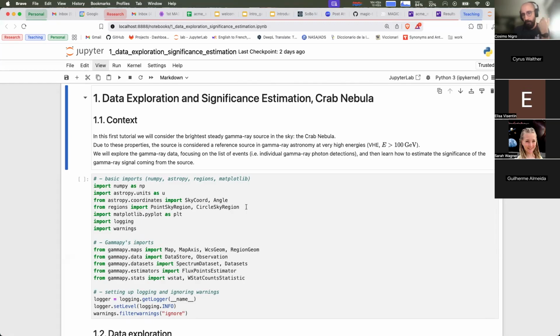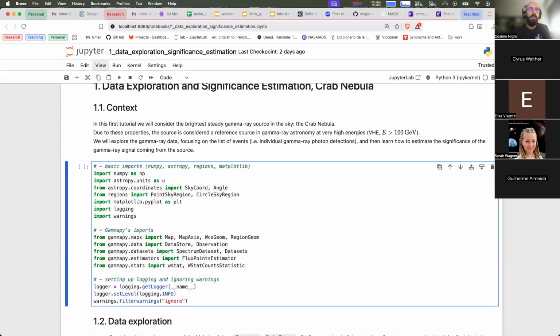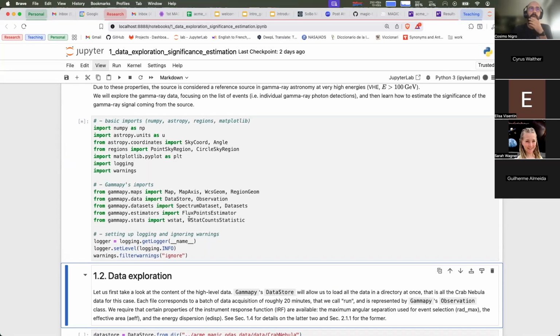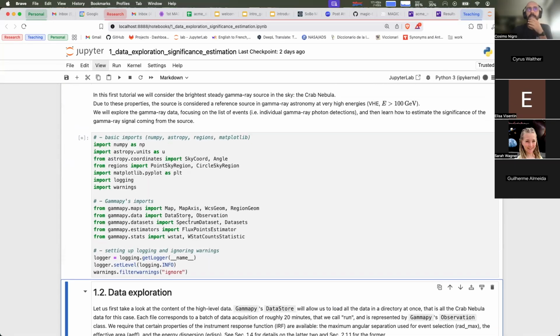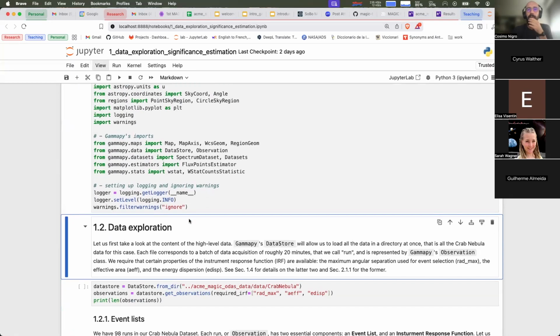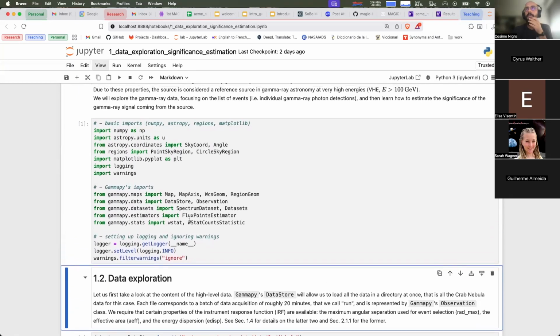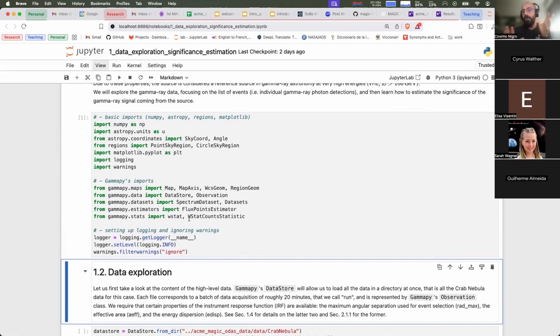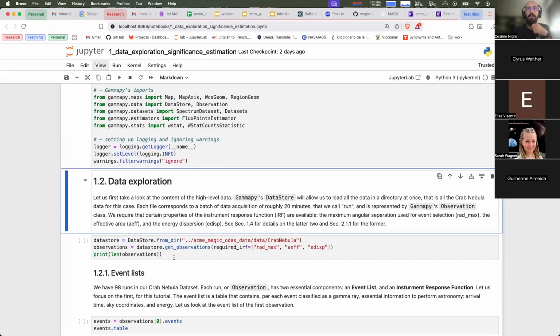If you were to build your own very high energy telescope, to be sure that you have built it correctly, the first thing you would do is measure the flux of the Crab Nebula. So we will explore the data, see what's inside them, and then try to detect the source and get a handle on how we estimate the significance of the signal.